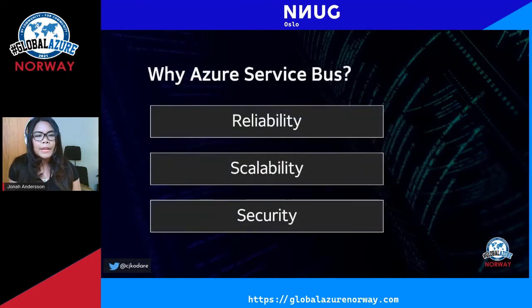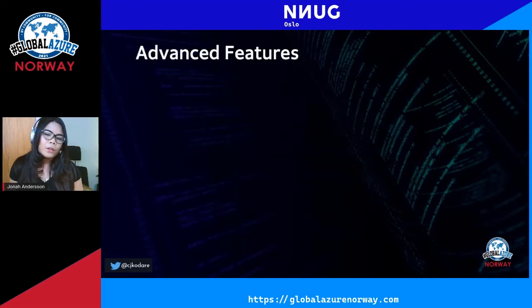And why do we consider Azure Service Bus? It's because of three words: reliability, scalability, and security, which means that you can send asynchronous, reliable messages that you can scale, and it is also secured.